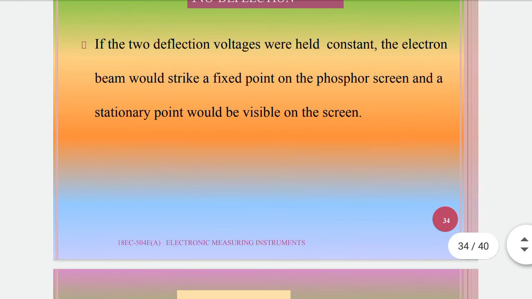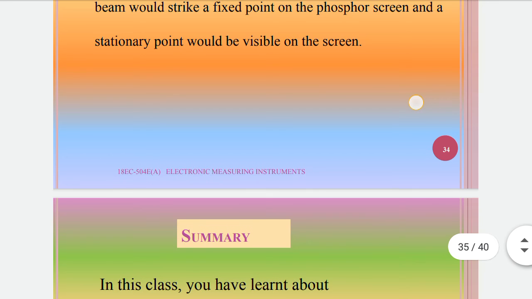That means if the horizontal and vertical deflection voltages are both held constant, a stationary light spot would be visible on the CRO screen.